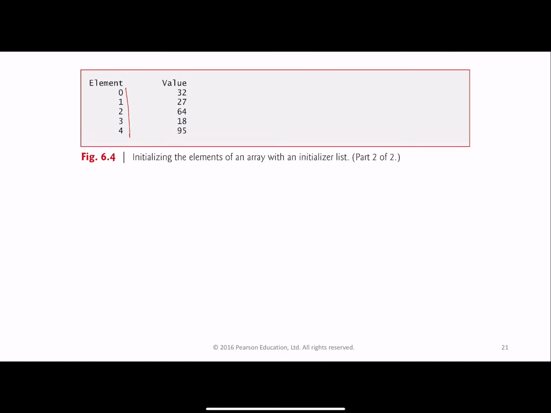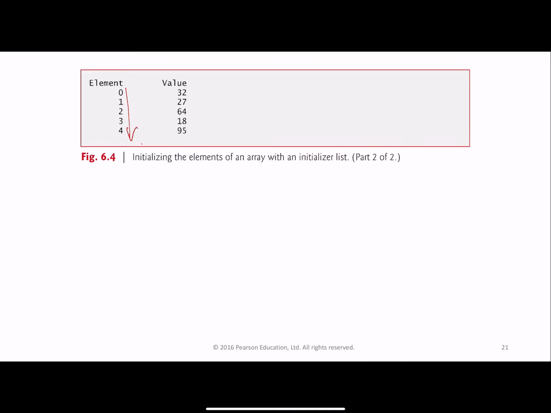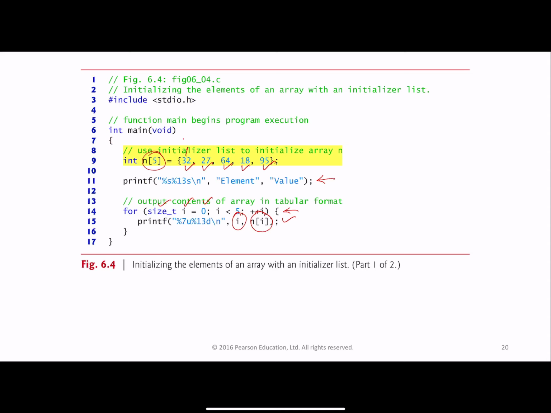So again, 0, 1, 2, 3, 4 are the indices of array elements, and 32, 27, 64, 18, and 95 are the values stored in them. As you can see, the first value goes into n0, the second value goes into n1, the third one goes into n2, the fourth one goes into n3, and the last one goes into n4.